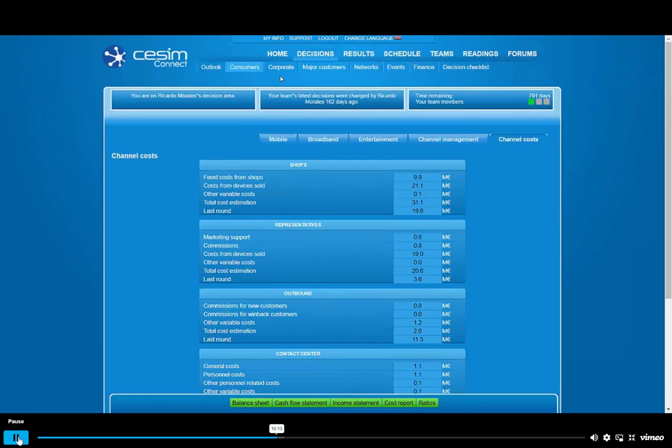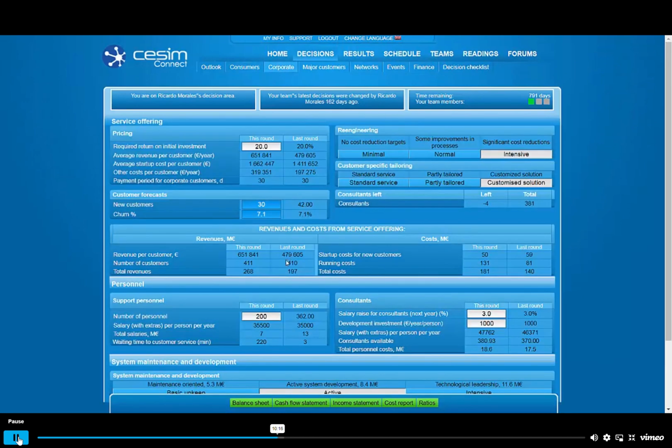Now we move on to the corporate customers, and here we sell solutions to our business customers. First of all we decide what kind of package or what kind of solution we want to offer. We can decide what we call here re-engineering, which includes at one end no cost reduction targets, and in the other end significant cost reduction.